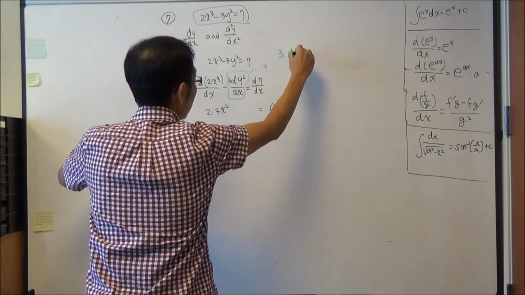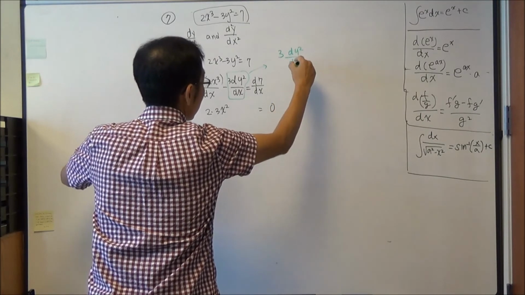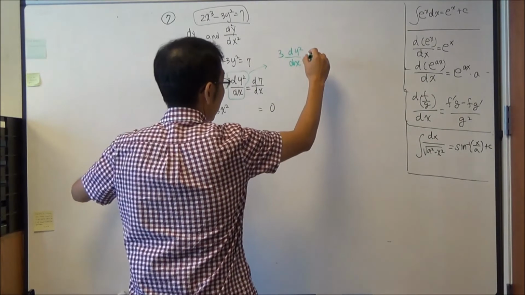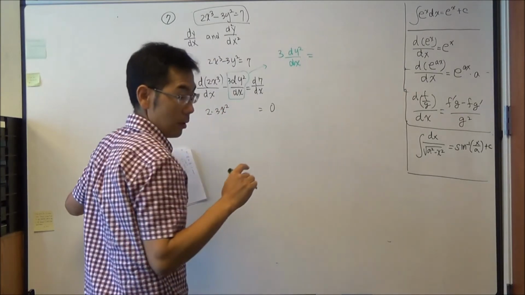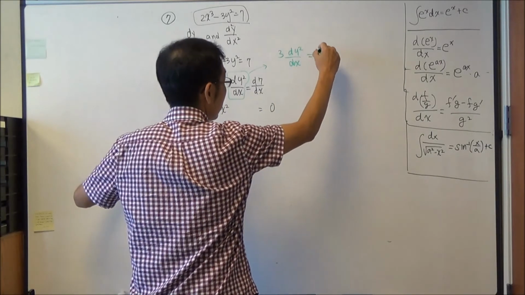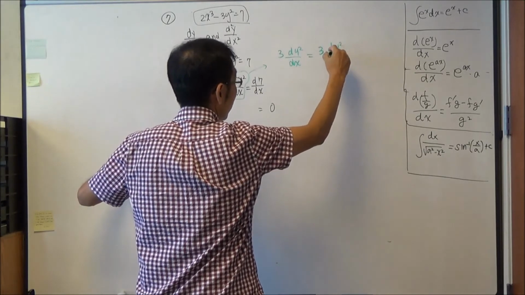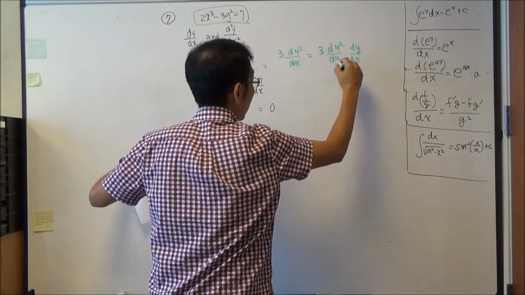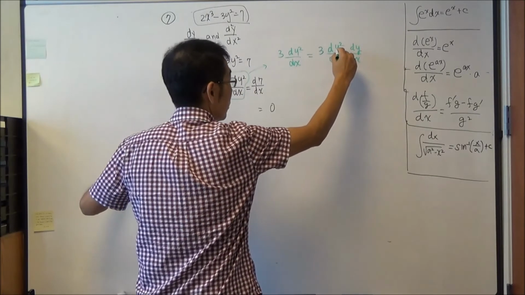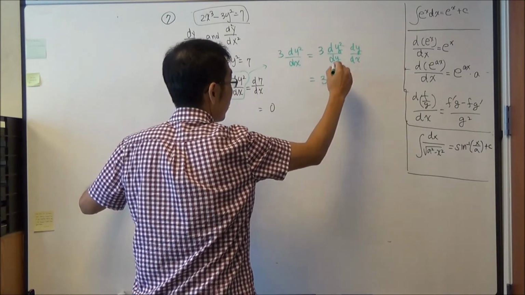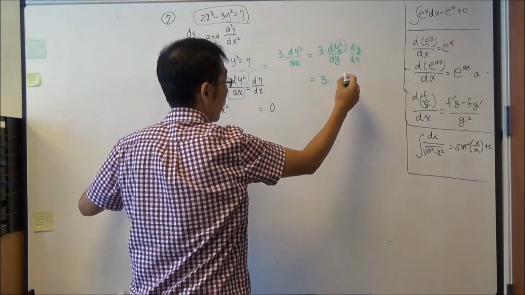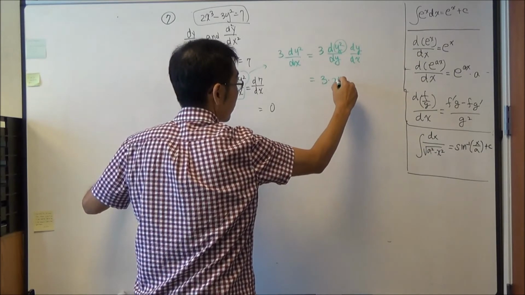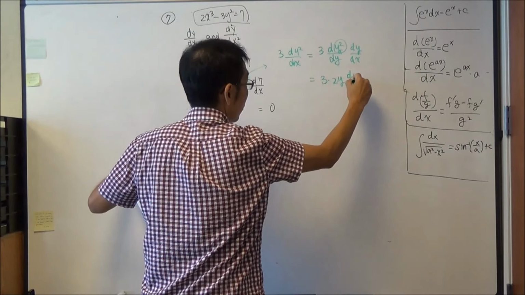So right now we want to find this one, right? I want to use the chain rule, which means 3 dy squared over dy and dy over dx. In this case, we know that dy squared over dy is just 2y, and then this is dy over dx.